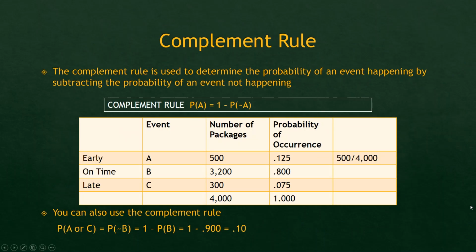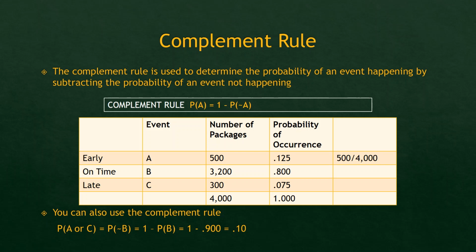Okay. So the next rule is called the complement rule. It's basically saying that the complement rule is to determine the probability of an event happening by subtracting the probability of an event not happening. Okay? So the probability of A not happening is 0.875.